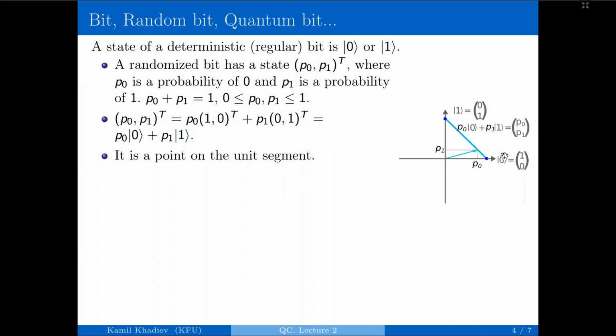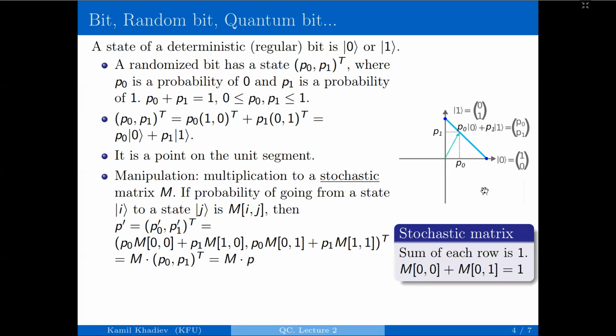In that case, each possible state of your random bit is just some point on this segment that connects the points 0, 1 and 1, 0. What the algorithm does, if it changes the probability distribution, is move this point on this segment to one position or another.